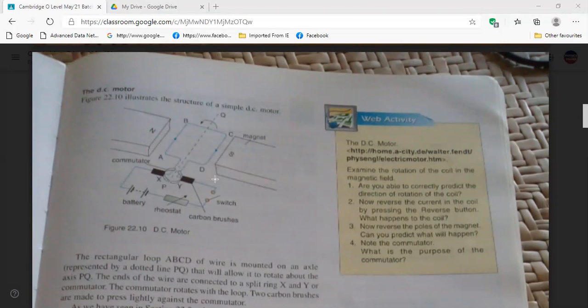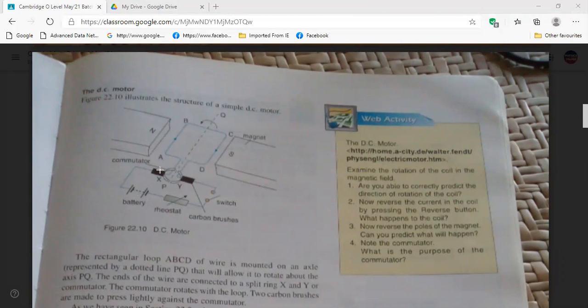It's called commutator because it's making the connection with the loop of wire and with the carbon brushes, along with the carbon brushes it's connecting to the circuit, right? That's why it's called commutator.